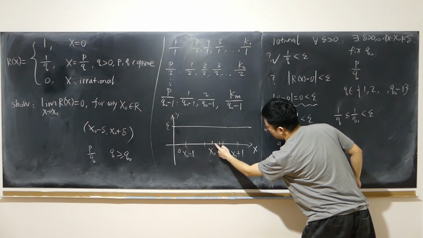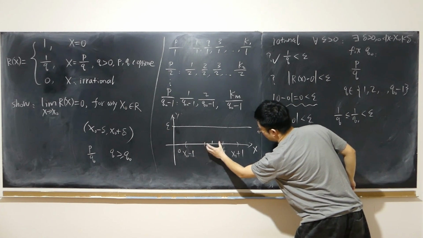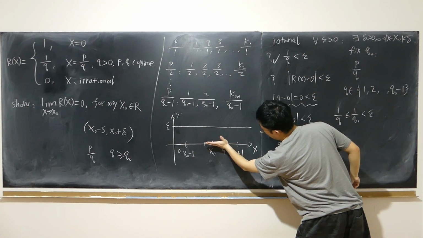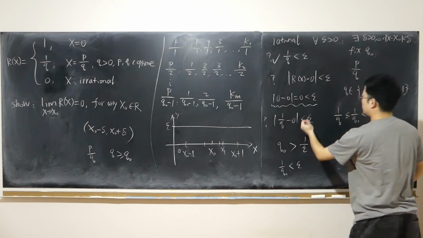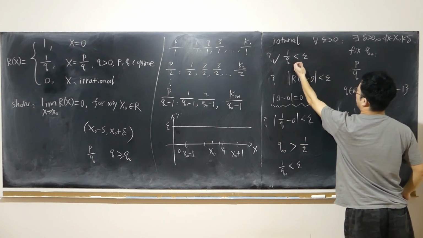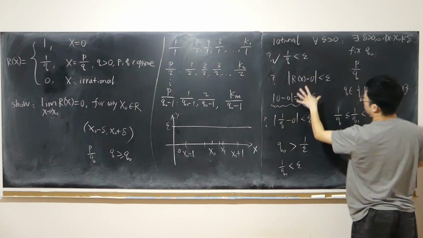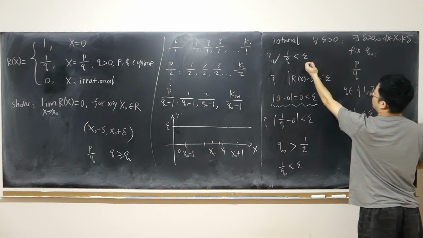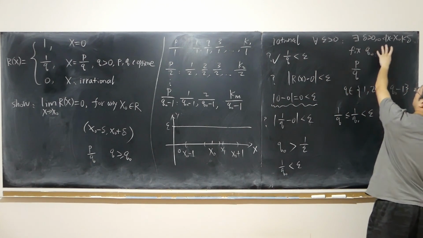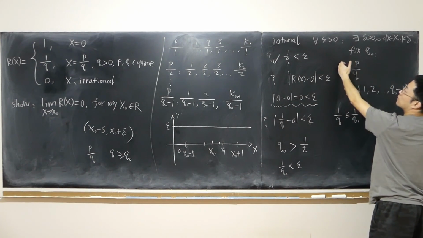Really small enough, smaller than epsilon. So irrationals, fine. Rationals, also fine. Both irrationals and rationals are small enough, smaller than epsilon in this deleted neighborhood. And we're done.